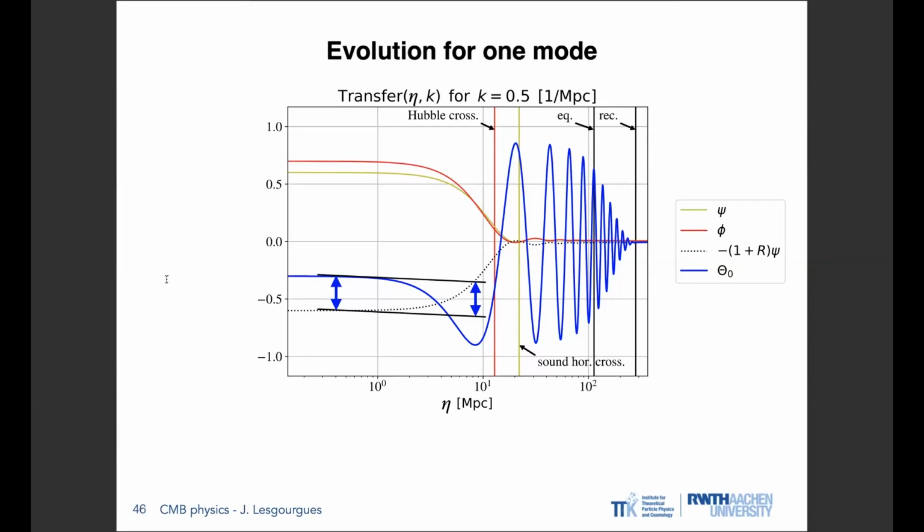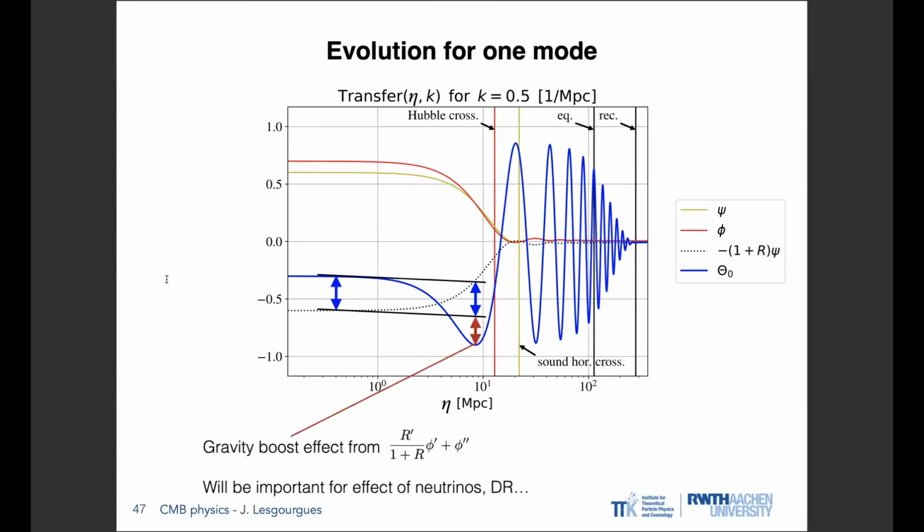But this offset grows after one oscillation. When you go down, you could expect that the minimum is at the same distance from the dotted line as here. This is what would happen if you had a simple harmonic oscillator. And you see that it's not the case. Here we have a big dip, and this big dip must have some explanation.